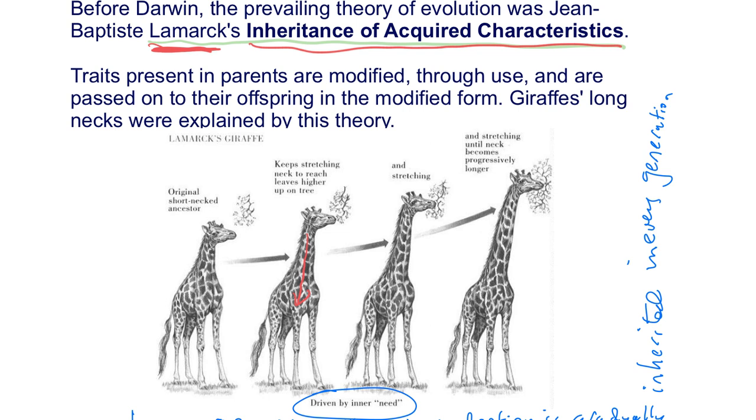And over the generations, that working out to grasp for the higher leaves was benefiting the offspring, because their genetics was changed to giraffes with slightly longer necks.